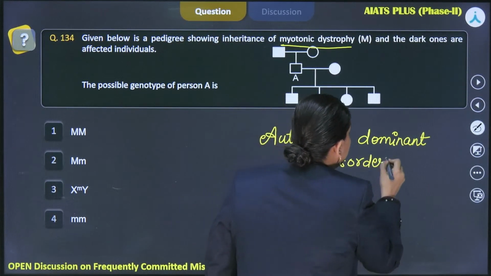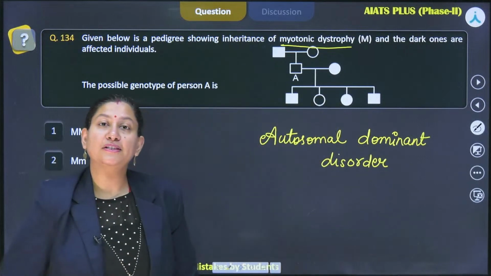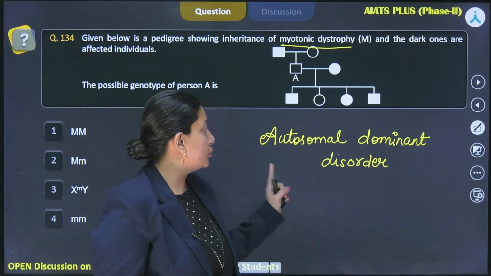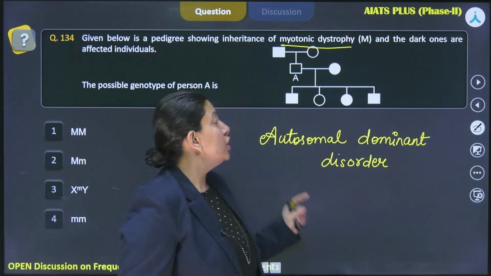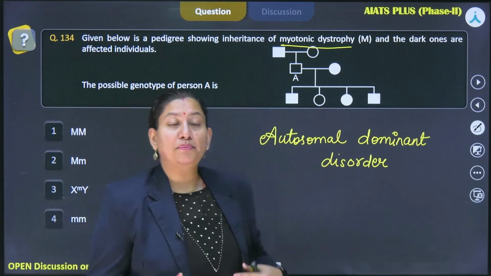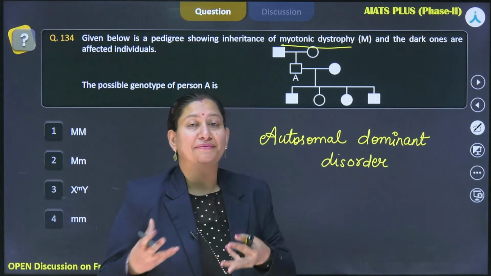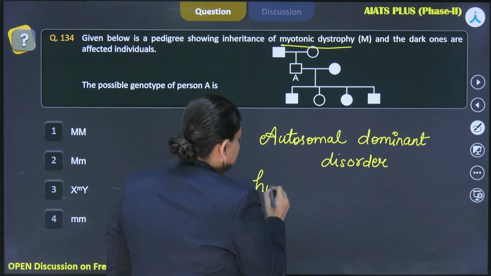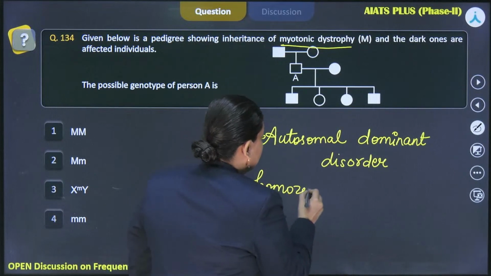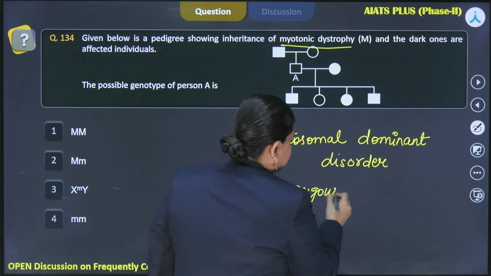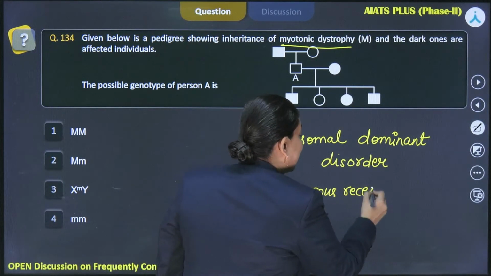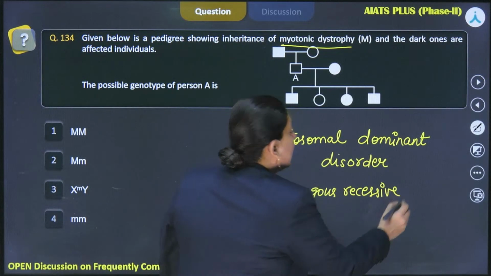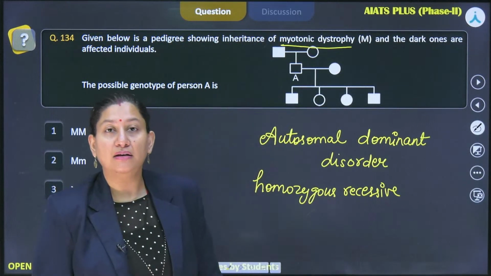Right? So when we know that this is an autosomal dominant disorder, with this pedigree we could simply assume that all the unaffected individuals must be homozygous recessive, because they are lacking the dominant allele, and that is why they are unaffected.